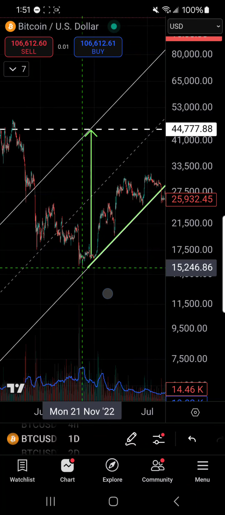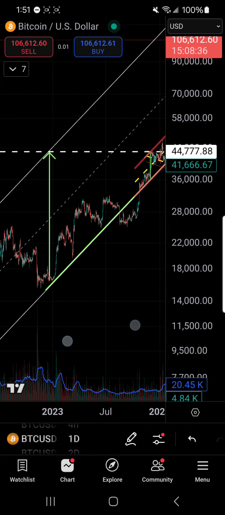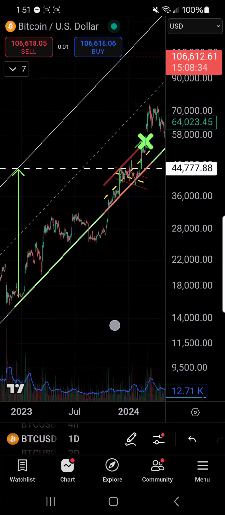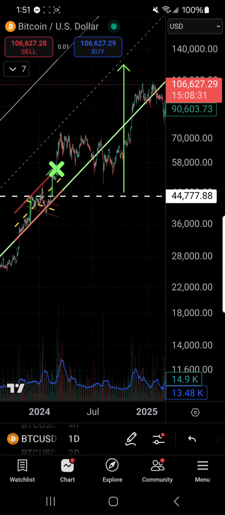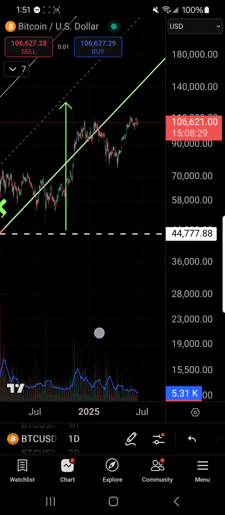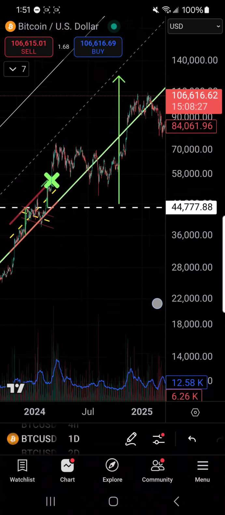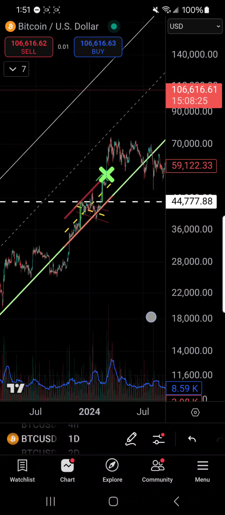Back here in 2022. So, I agree with what Michael Pizzino has to say about his Elliott wave theory count for this cycle.